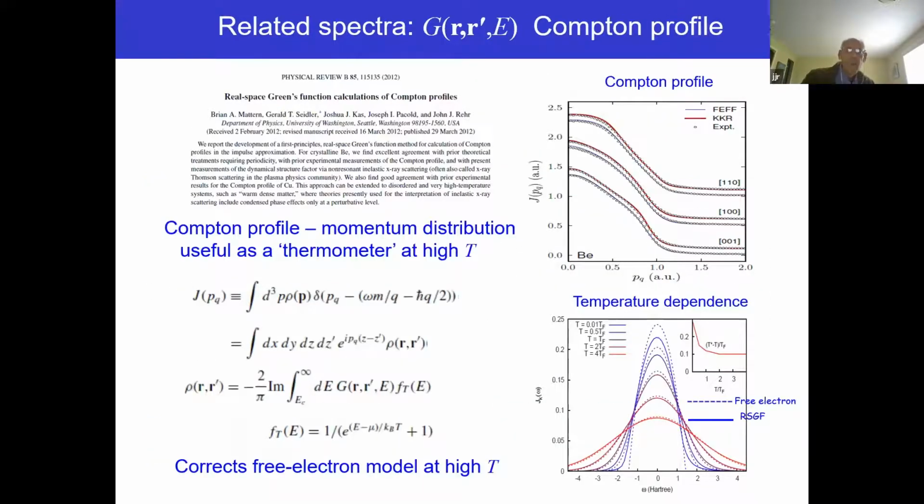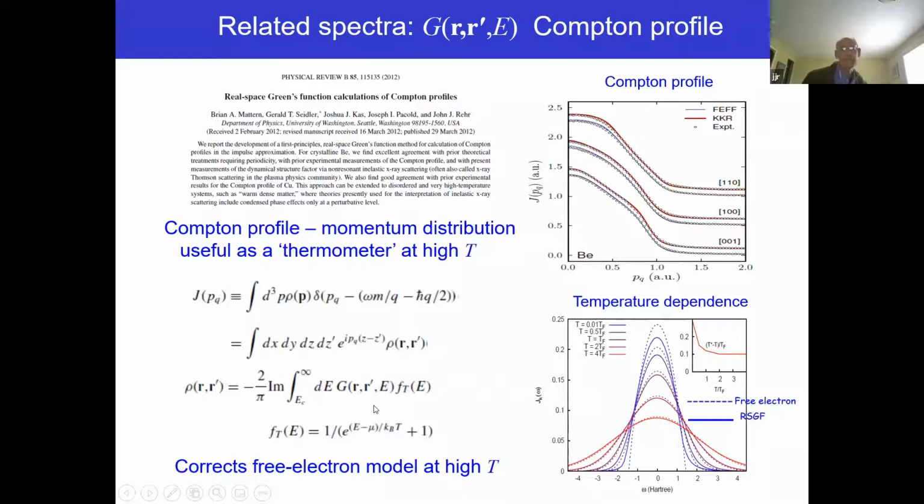How about Compton profile? A Compton profile measures a momentum density, and Compton was actually one of the first techniques where they realized the fermion nature of the electron. And again, the FEFF code turns out to be really in good agreement with this KKR approach that you mentioned before, right on top of it for various materials.